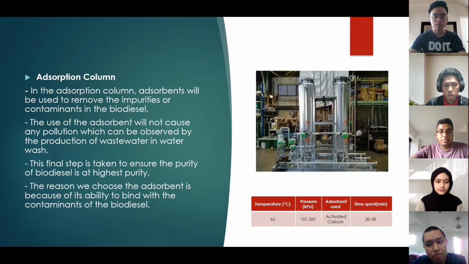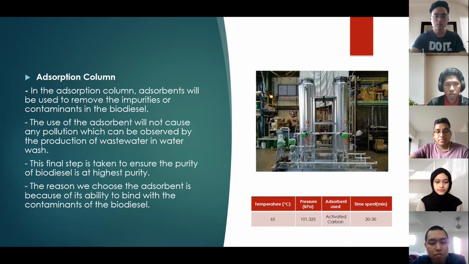In the adsorption column, the adsorbent that we use removes the impurities or contaminants in the biodiesel. Some of the adsorbents that can be used are magnesol, activated carbon, and activated fiber.